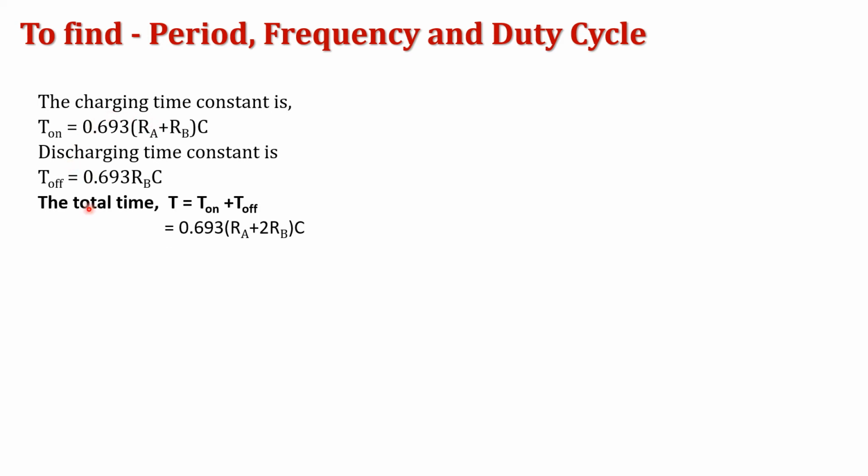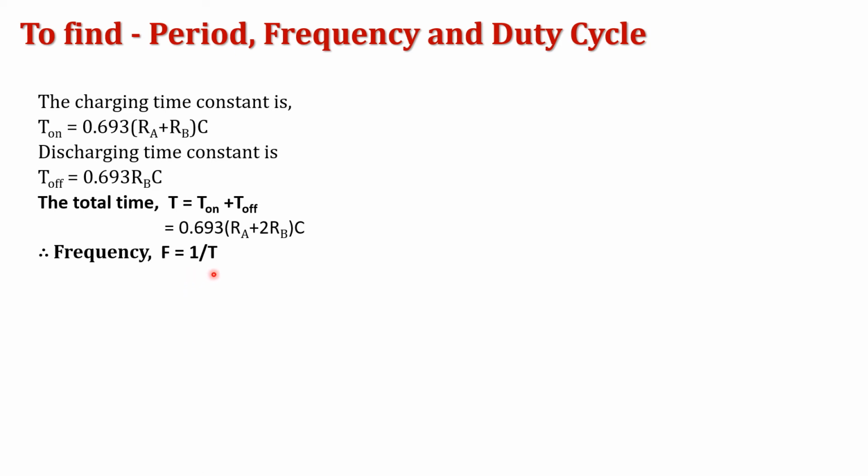We substitute these two terms in that equation, take 0.693 common, and simplify the bracketed term, RA plus RB C plus RB C. Therefore we get (RA plus twice RB) C. As we know the total time, we can easily find the frequency. Frequency is the reciprocal of total time.